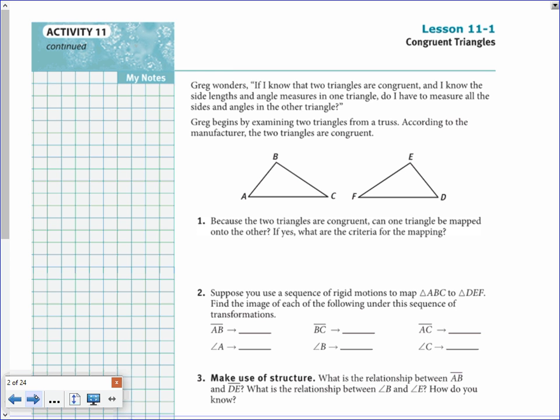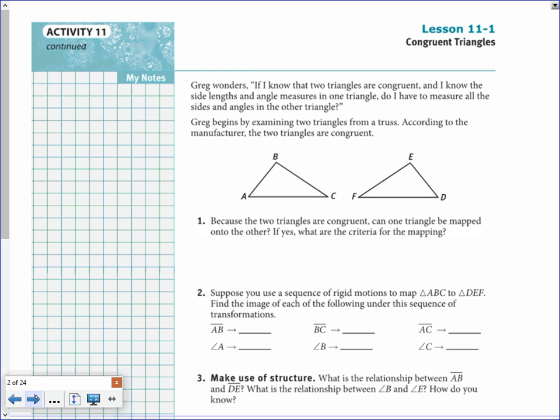That would be a translation or a rotation or maybe a reflection. Yes, that is going to happen because we know the transformations that we've looked at are rigid motions. And so if they are congruent, there is going to be some rigid motion that we can use to map one triangle to the other.